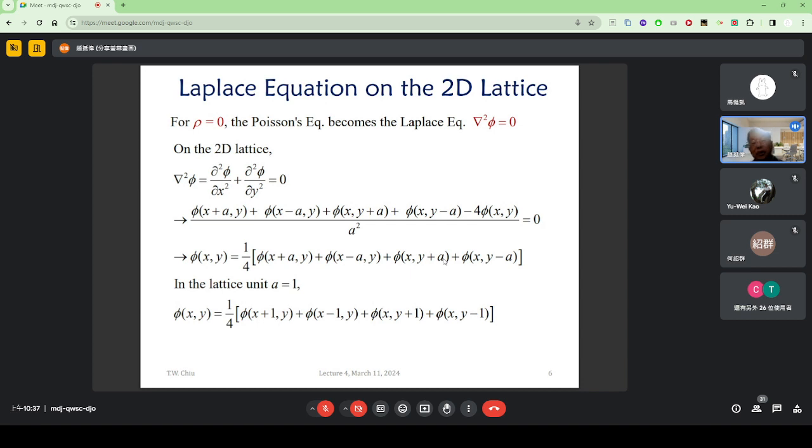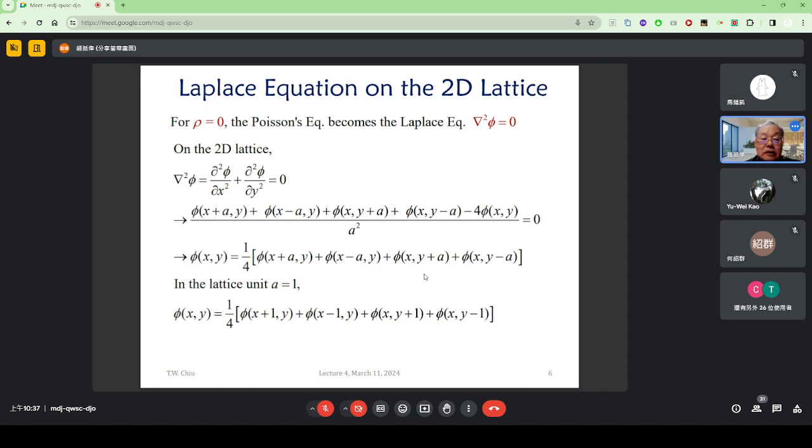So in order to take the continuum limit, you have to use more and more sites. But first, let's look at this problem with a lattice unit a equal to 1.